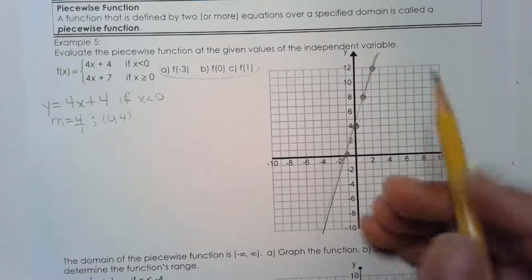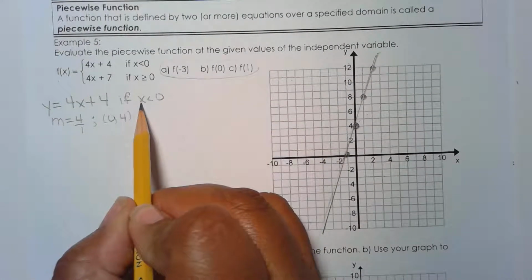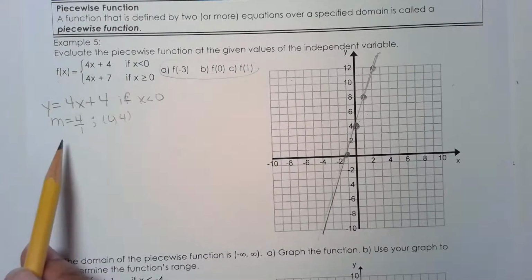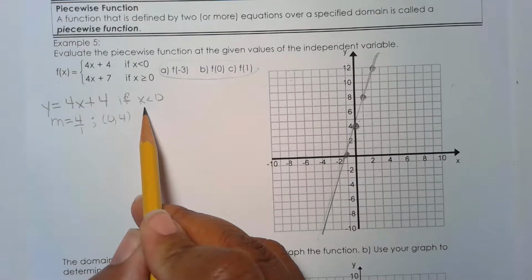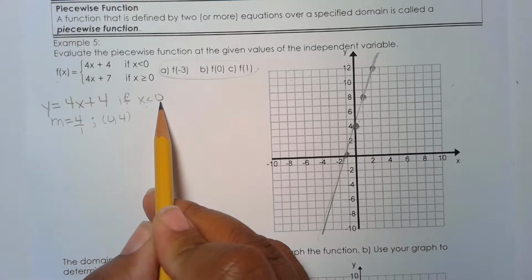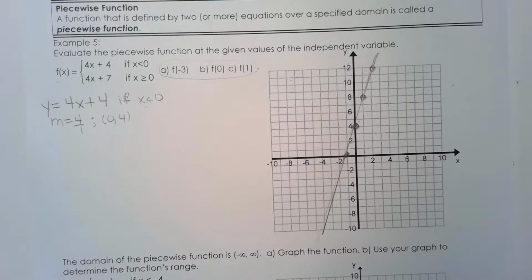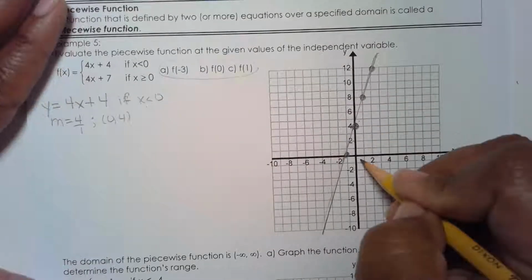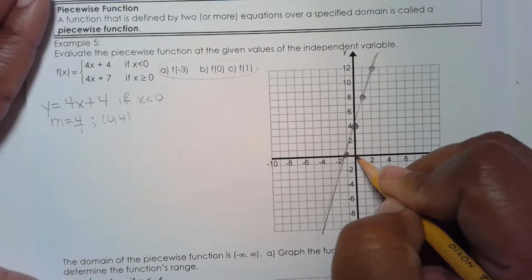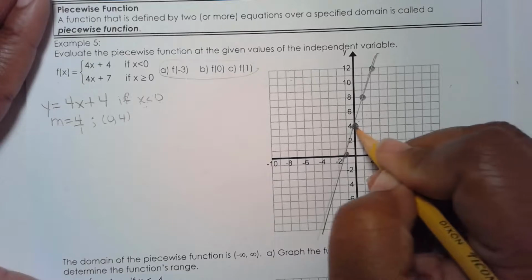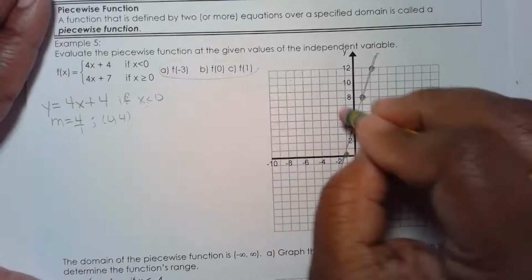Okay, now our stipulation says we have our first equation. It says we only want to look at values when x is less than 0. So here is 0. That's our independent variable. We only want to look at values when x is less than 0.